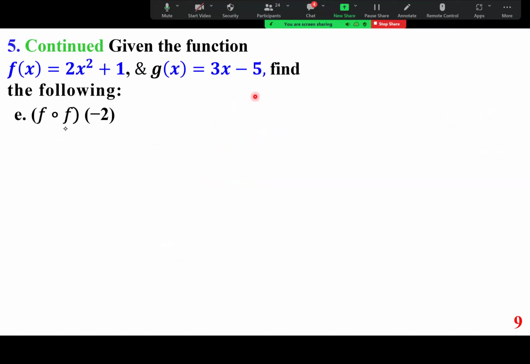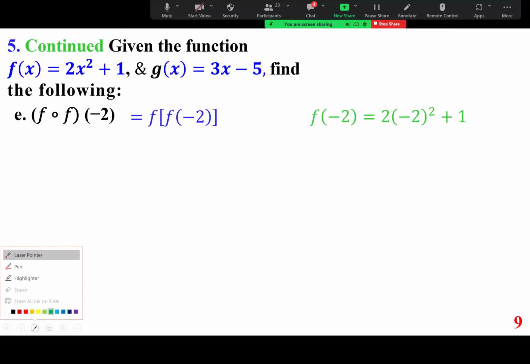We continue on that thought. We want f of f of negative 2. Which means we have to evaluate the function f of x at negative 2 first. So f of negative 2 is 2 times negative 2 squared plus 1.